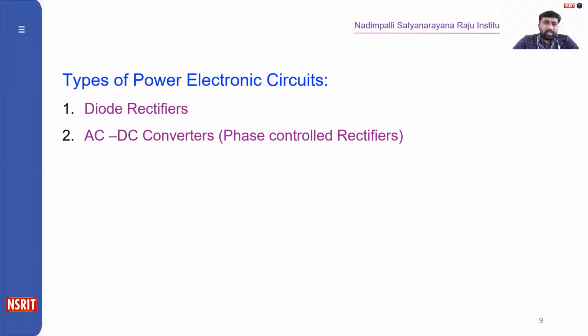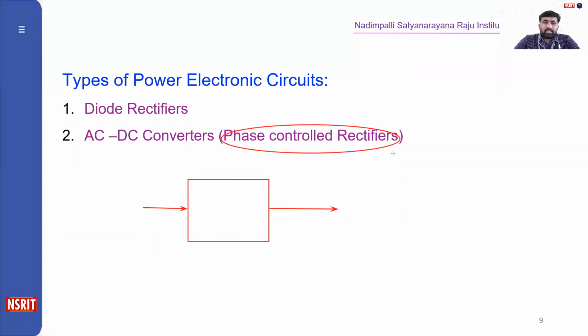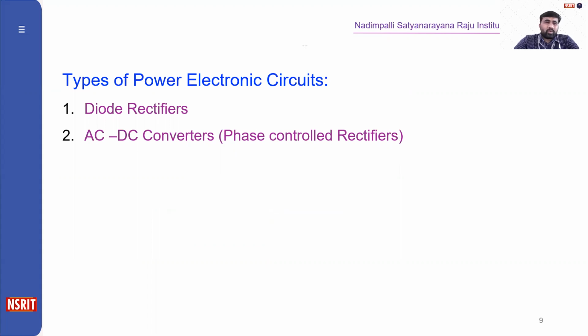And then AC to DC converters. In this, if you see, this box is a converter. If you give an AC input voltage and you get the output voltage as DC, then you can call this box a phase controlled rectifier. If any converter converts from AC to DC, then that converter is called a phase controlled rectifier.